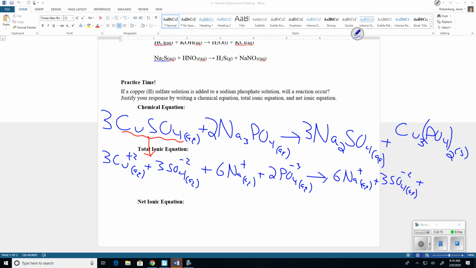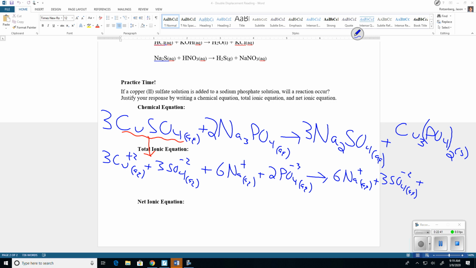The precipitate, the solid that's created, is not ions in solution. That's what aqueous means. When I write Cu3(PO4)2, what happens is those ions, all in solution, kind of stick together and form a solid, a cloudy solid that's in that solution. And if you remember when we did that test tube lab, we created those.